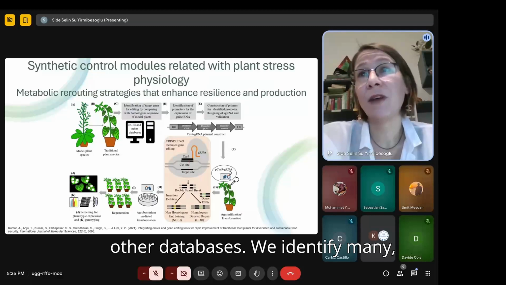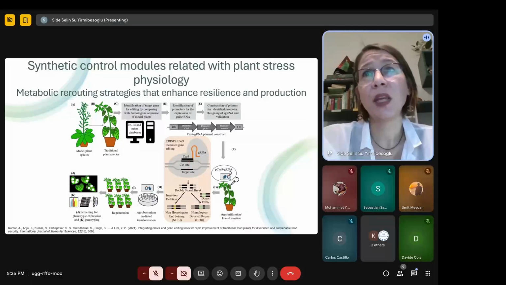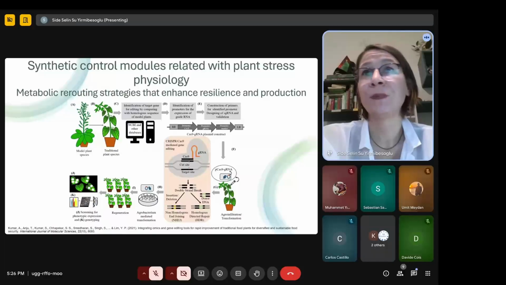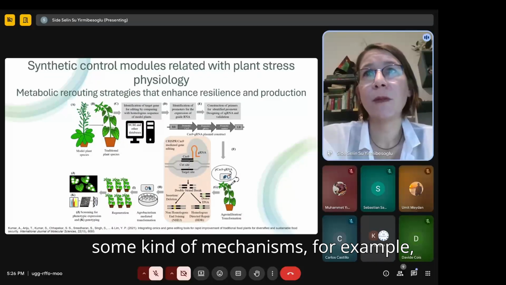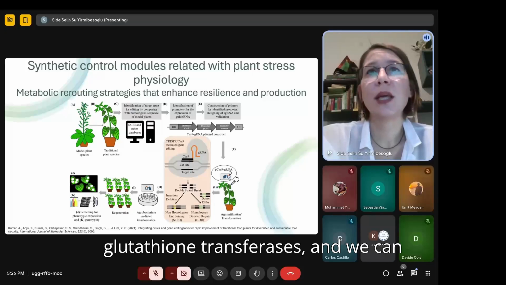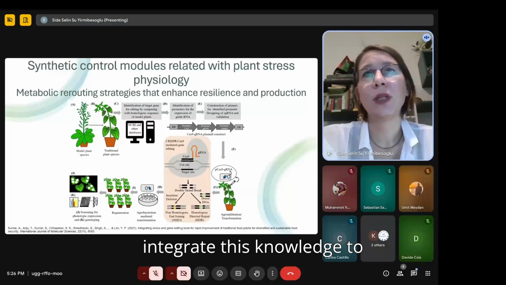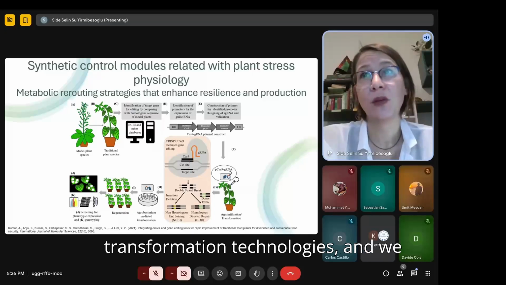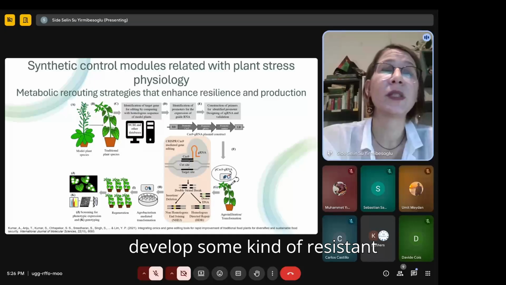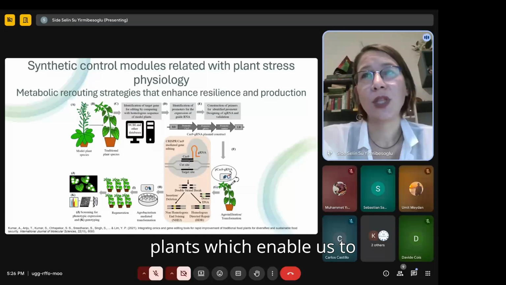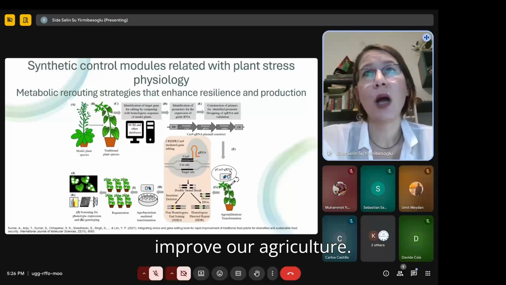We identify many stress-related genes or promoters or mechanisms, for example, glutathione S-transferases, and we can integrate this knowledge into novel plants with agro-infiltration and transformation technologies, and we develop resistant plants, which enable us to improve our agriculture.